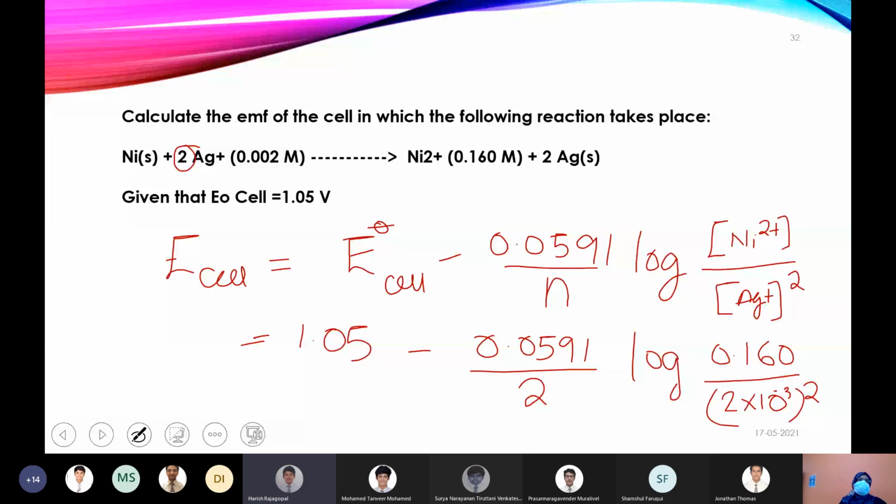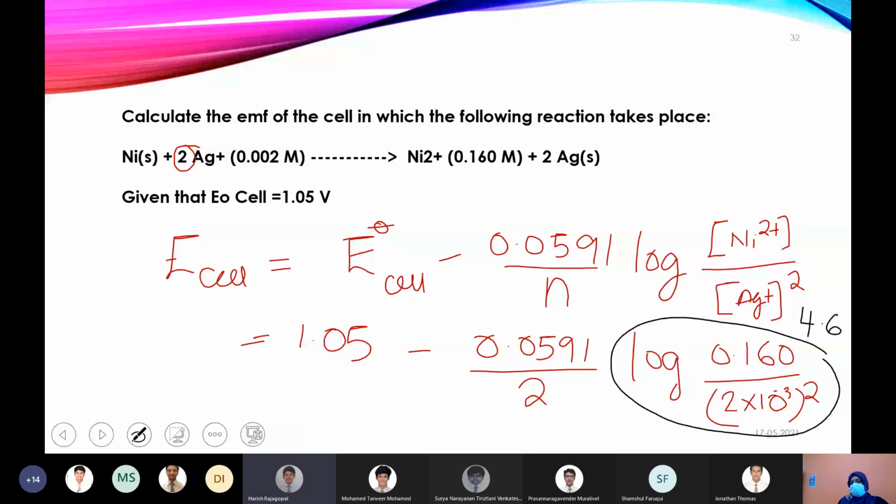Log would be 4 into 0.602, which is 2.4. So you will get the log value as 4.6. That will be multiplied with this one. So this entire term, after calculating, you're getting 4.6.